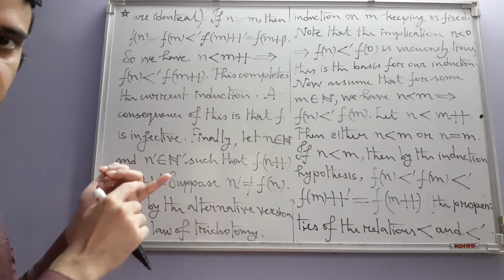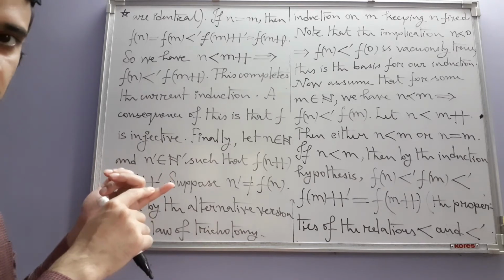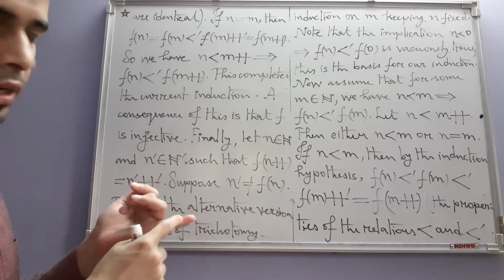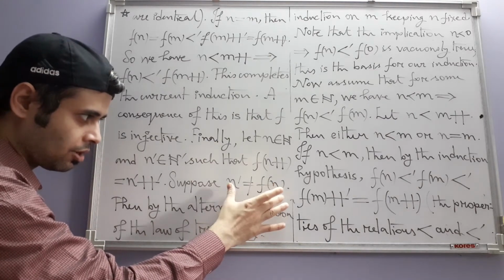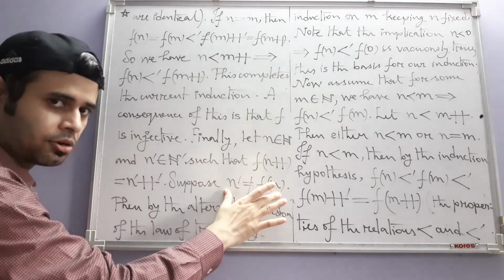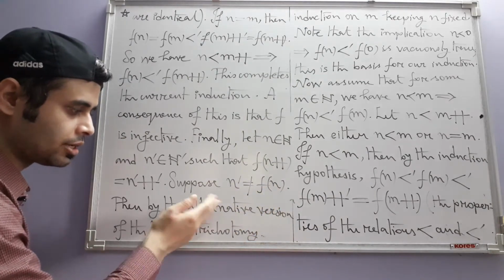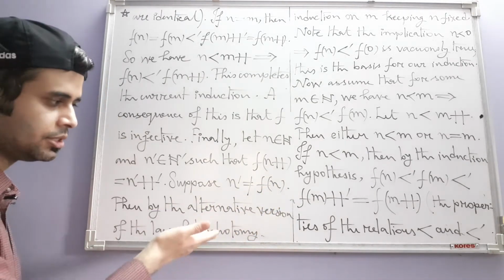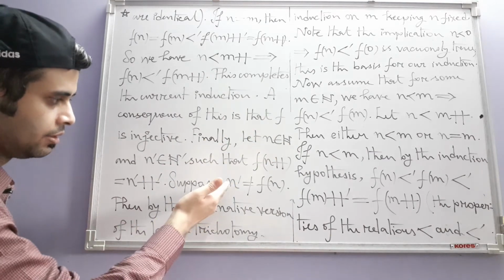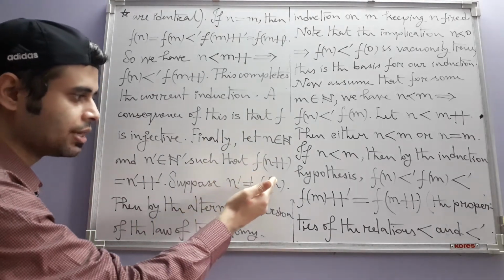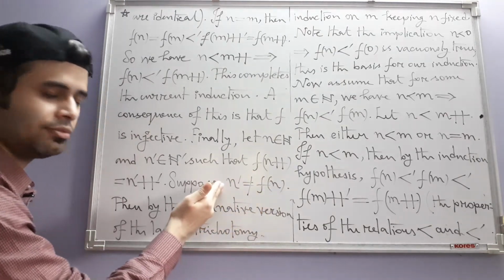Either n is less than m, or n is equal to m, or m is less than n. So since we are assuming that these two alternative natural numbers are not equal, according to that alternative version of the trichotomy law, which is true because both the systems have identical results, either this is alternative less than this or this is alternative less than this.